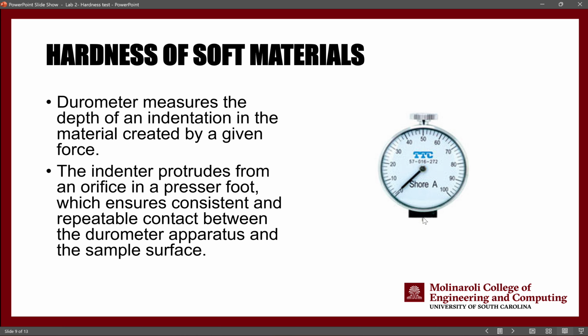This can move, right? It will go in, and as it moves in, based on the resistance of your material to that indentation, this dial will move, or it will show you a digital value, and the value is going to be your hardness value. So unlike the previous one, you don't really need to do any calculations for the hardness value.